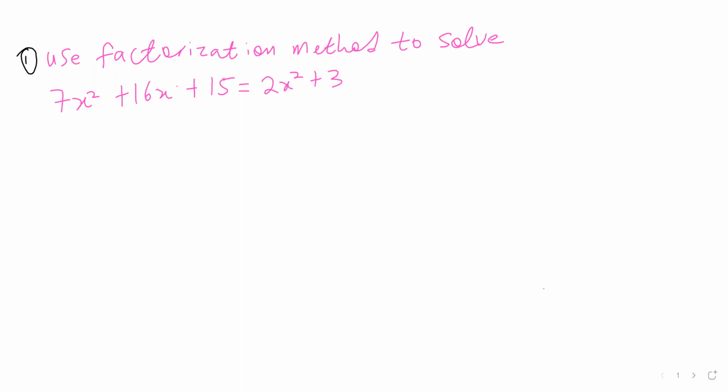So if we rewrite the equation, it becomes 7x squared plus 16x plus 15 minus 2x squared plus 3 equals 0.